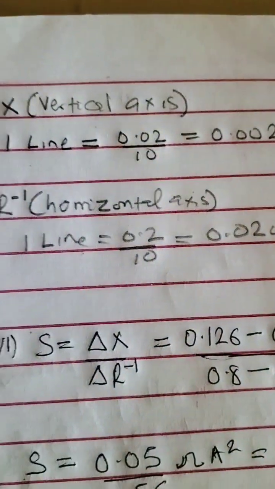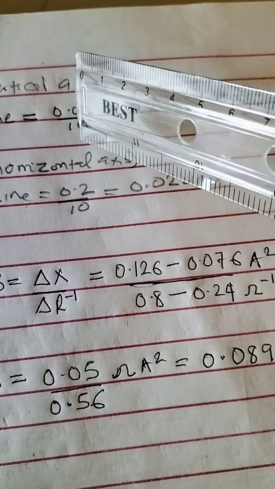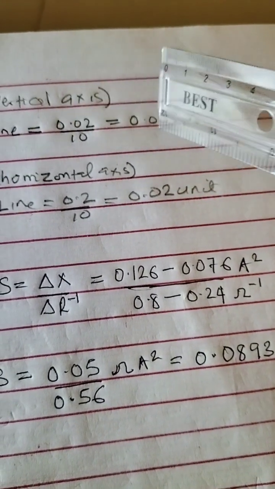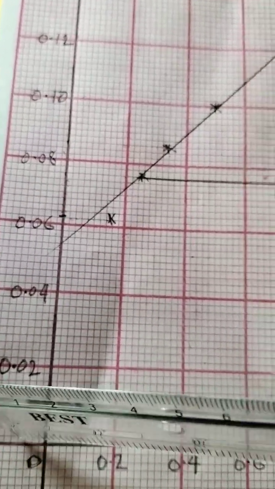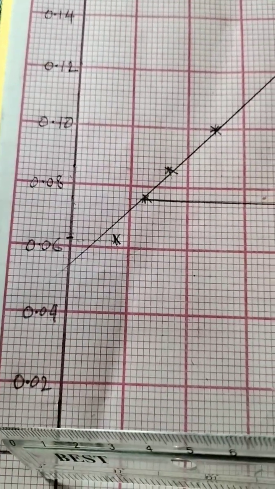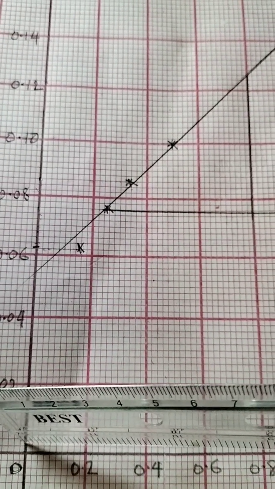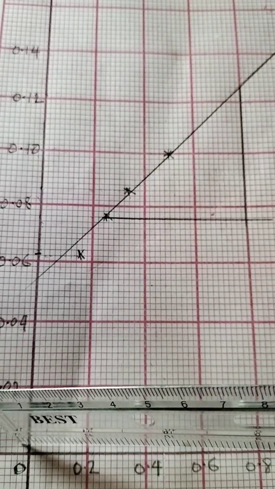So go back to this. One line is 0.02 over 10, that is 0.002. So going back to the axis, here is 0. 0.002 is one line.